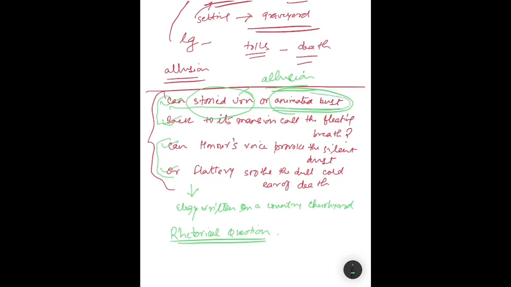Again, this phrase animated bust is an example of oxymoron. Bust and animated: a bust is lifeless. They are contradictions. Now, the sense presented in the first two lines, of the storied urn or animated bust calling back the fleeting breath, is also an example of personification, because they are personified.